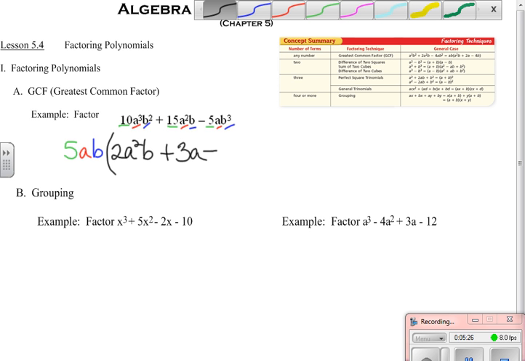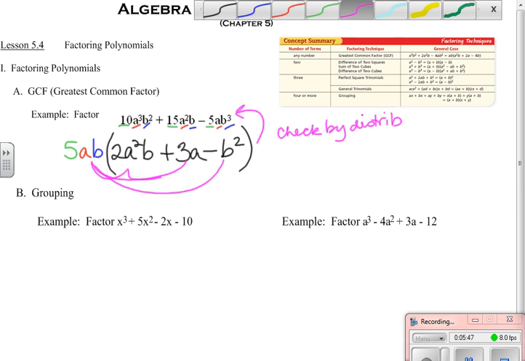A divided by a is 1. B cubed divided by b is b squared. So that is factored. You can check your problem by doing the distributive property. And if you go in and you do the distributive property, you should get that answer back again.